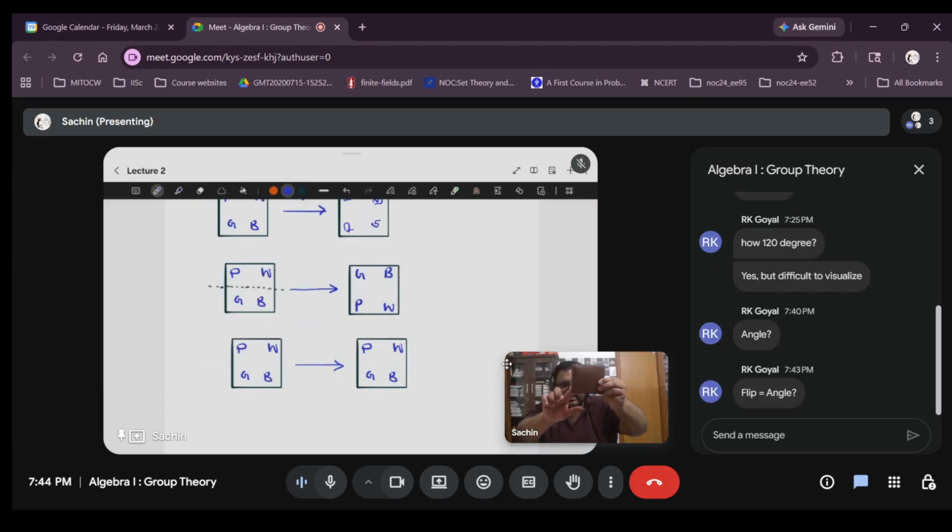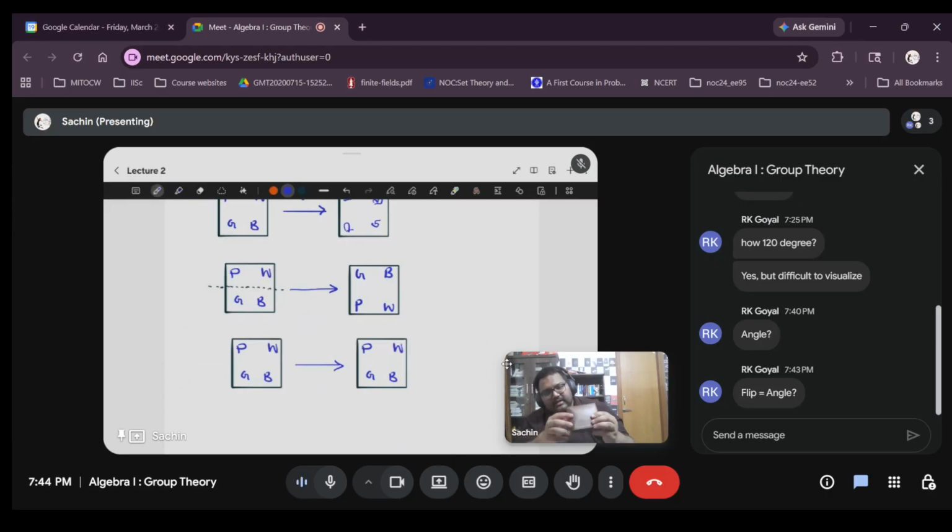Now, assume this was a clear glass plate instead of a solid block. If you paint or write the letters on only one side of it, the corners on one side, if you paint those with P, W, G, B, white, pink, green, or blue, and you flip it, the colors are on the opposite side now.